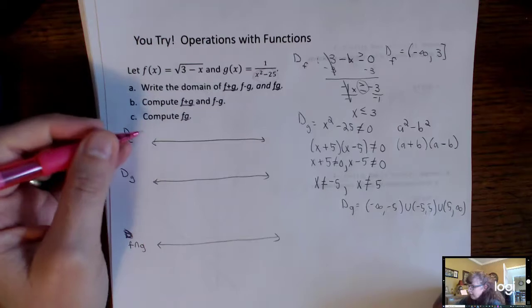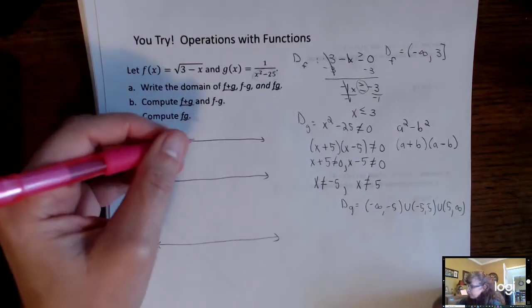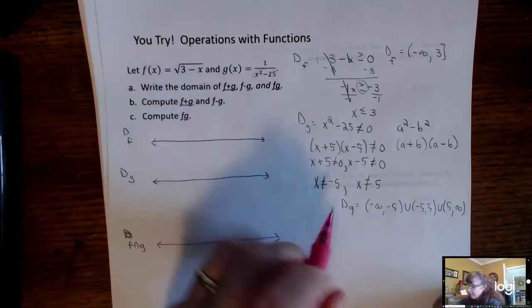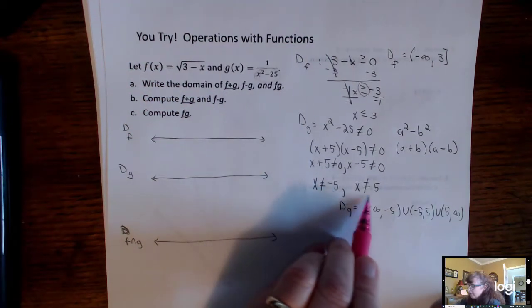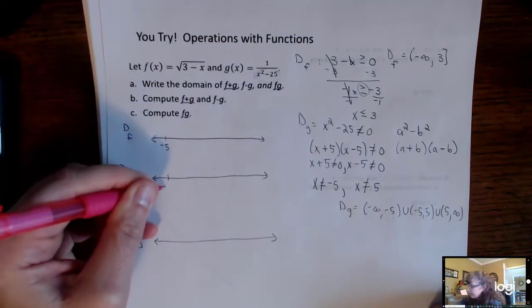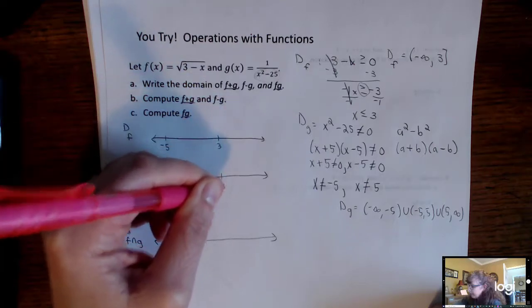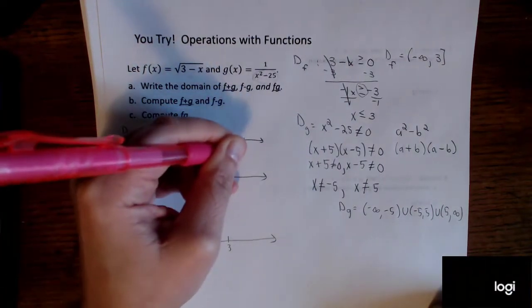Okay. So, x is less than or equal to 3 looks like this. I'm going to put these key numbers in. See the key numbers? I'm going to graph everything, so I want it to be even. So I'm going to go ahead and have a negative 5 and a 3 and a 5. Okay.